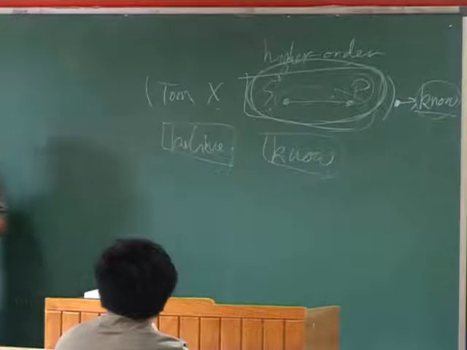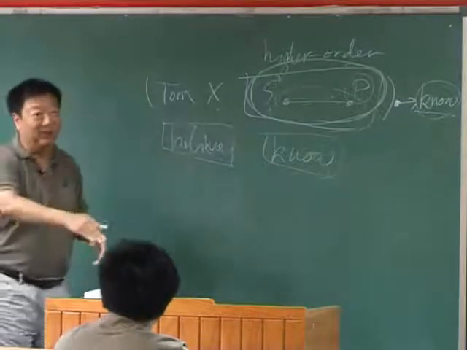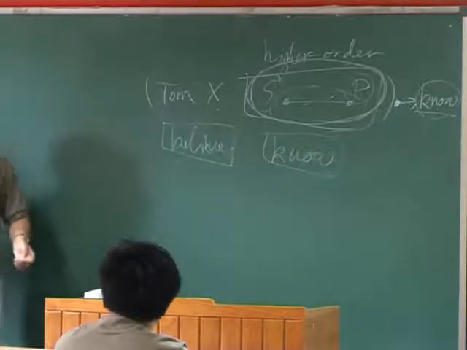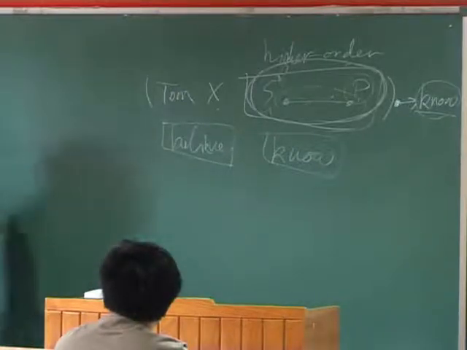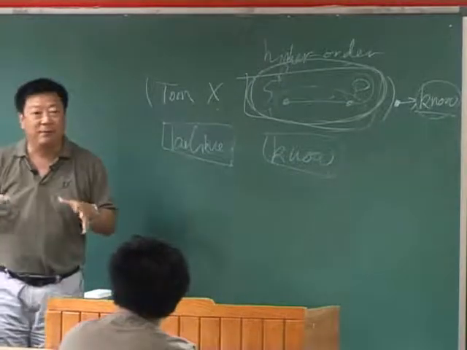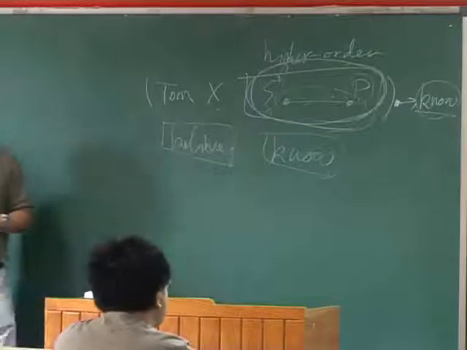And then you can say, Tom guesses Mary knows that blah, blah, blah. You can make it more and more complicated. But in reality, of course, when it's getting too complicated, the system will have problems processing it effectively.